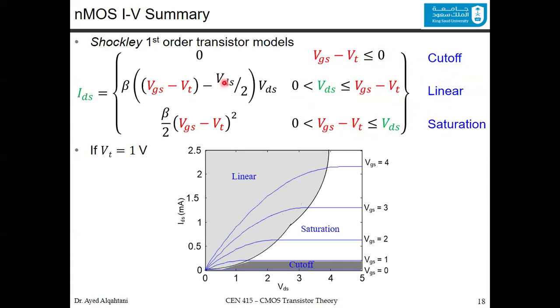Now to calculate the current in cutoff, since there is no current running in the channel, IDS is equal to 0. In the linear region, IDS depends on VDS, so as VDS increases, IDS also increases.